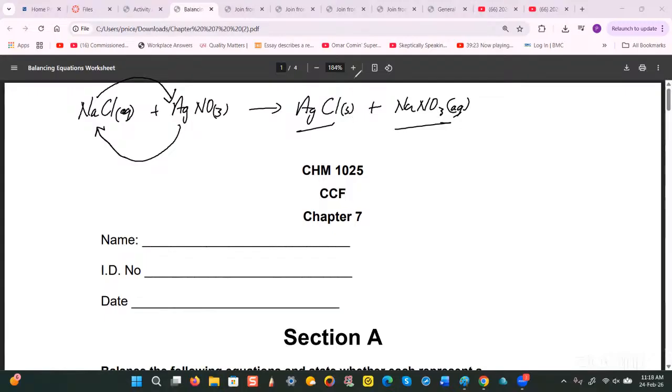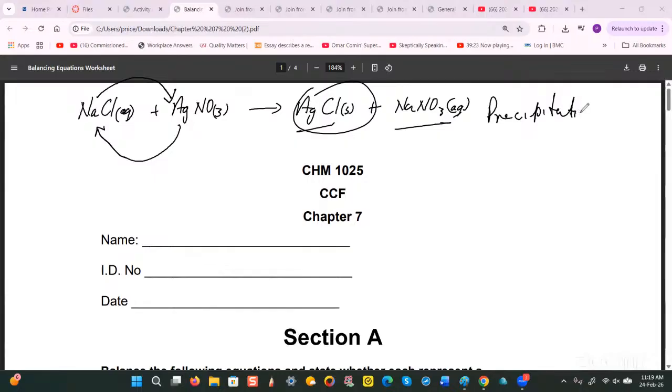If you were to actually carry out this reaction, let's say you had two test tubes. One contains the sodium chloride, the other one contains the silver nitrate. Two clear, colorless solutions. You mix them together, you get the spontaneous formation of a white solid, which would be the silver chloride. There's a name given to these reactions where you mix two solutions and you end up with a white solid. We call these precipitation reactions.